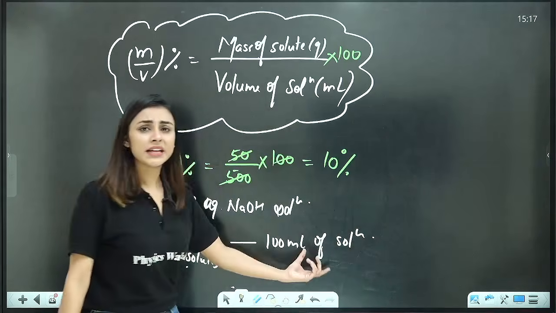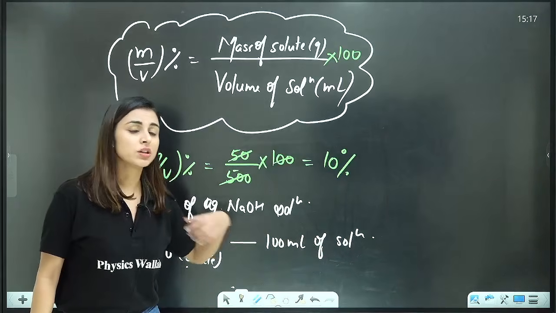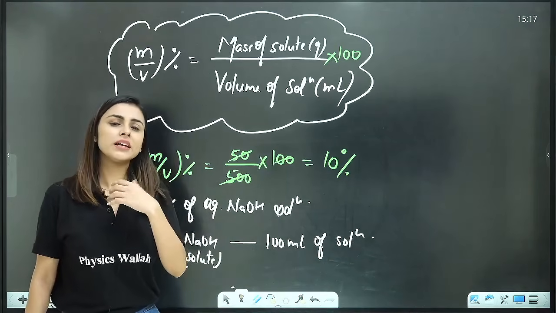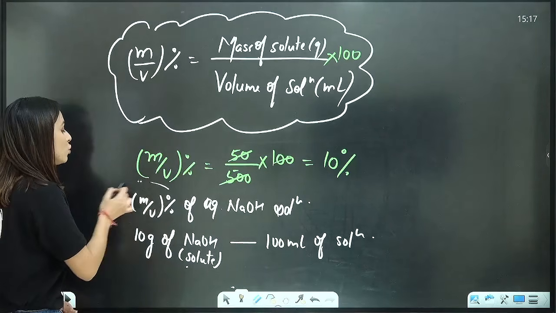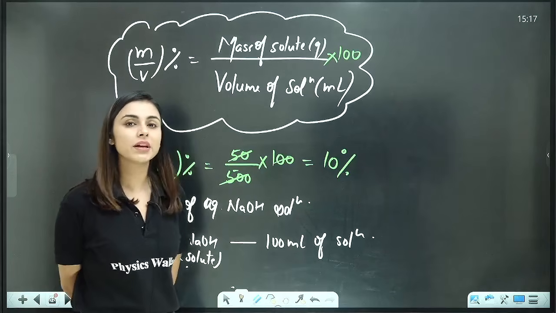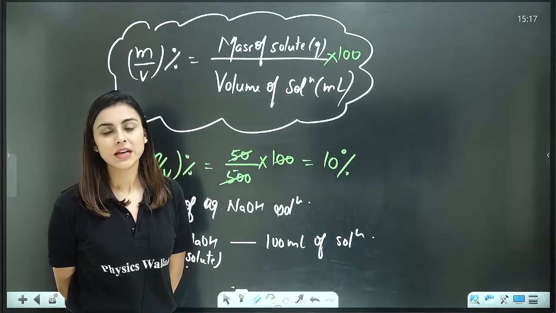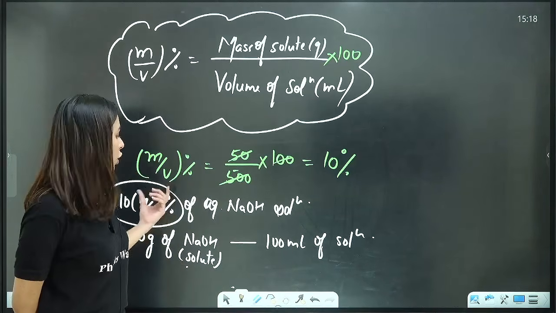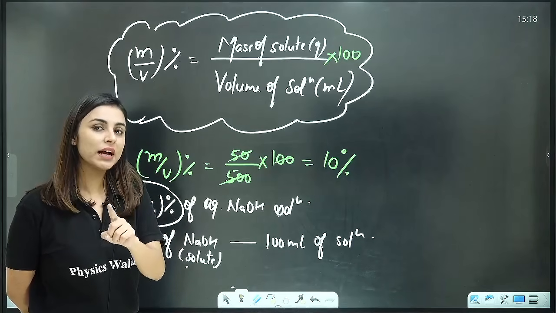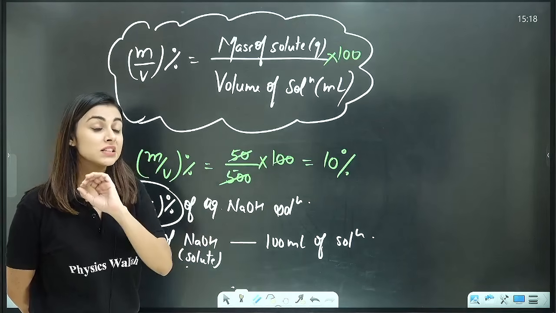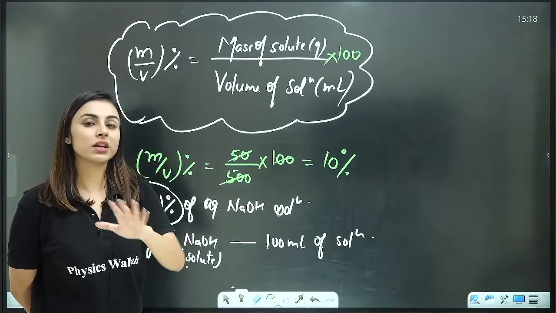Now, if you are given density, you can find the mass of solution, you can find the mass of solvent as well, and you can find hundreds of other things. If you know how to decode this information, you can do all the numericals yourself. So just understand how to use this concept so that there's never any problem and there's nothing that you cannot do.